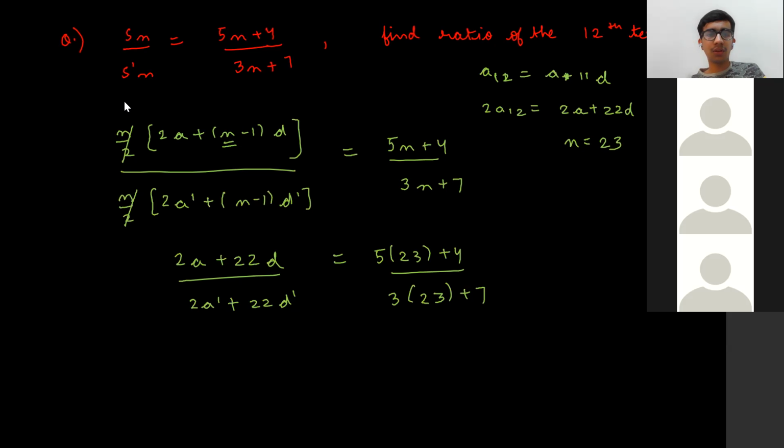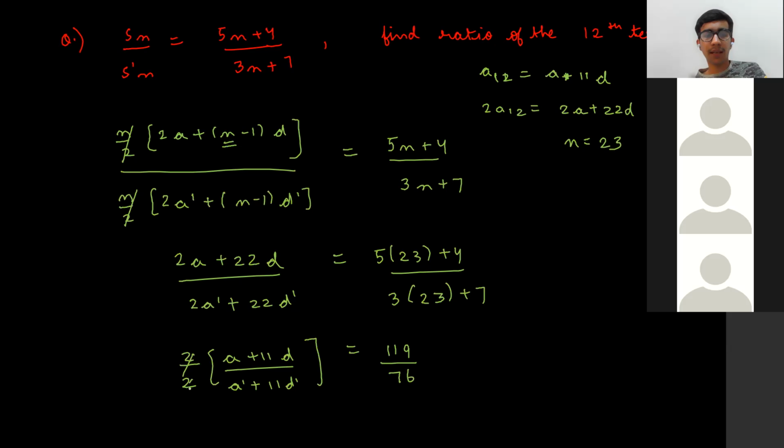Okay. So if you take out a common factor of 2 from both the numerator and the denominator, you get 2 times (a plus 11d) divided by 2 times (a dash plus 11d dash), and this is equal to: 5 times 23 is 115, plus 4 is 119. 69 plus 7 is 76.